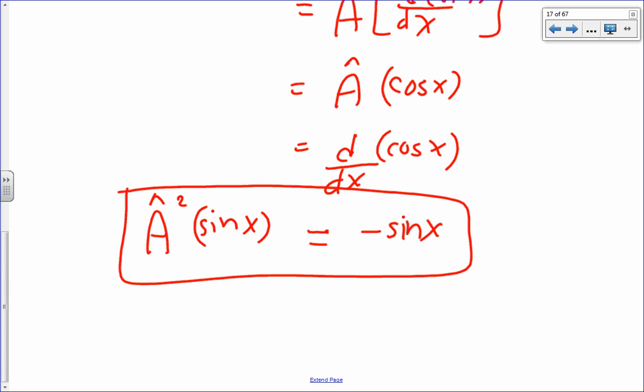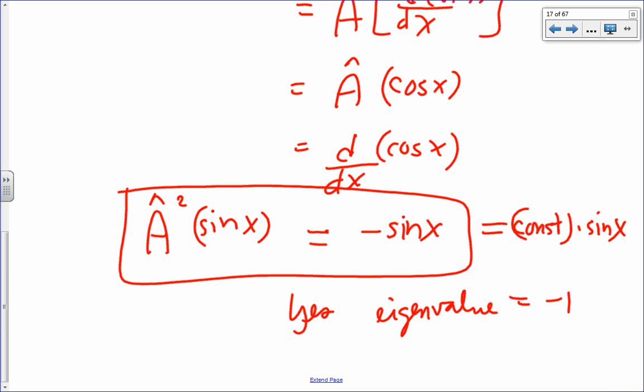So is sine x an eigenfunction? Is that equal to a constant times sine x, the original function? Yes, right? And what's the eigenvalue? It equals negative 1. So that's what eigenfunction and eigenvalue means.